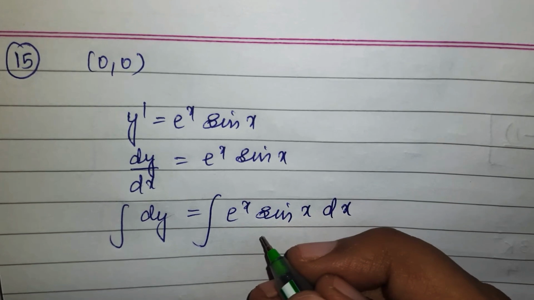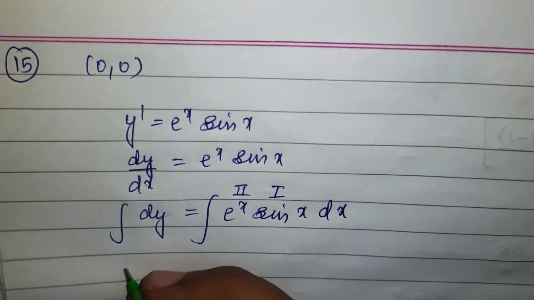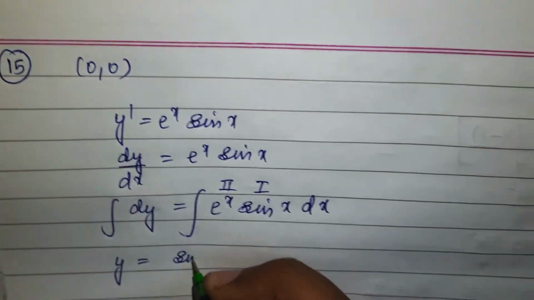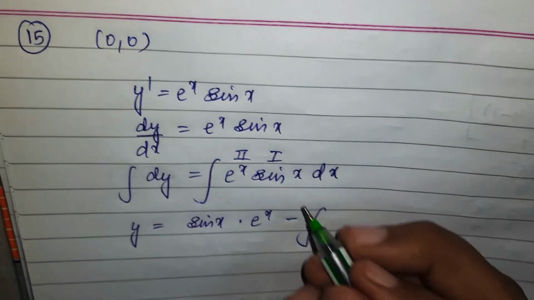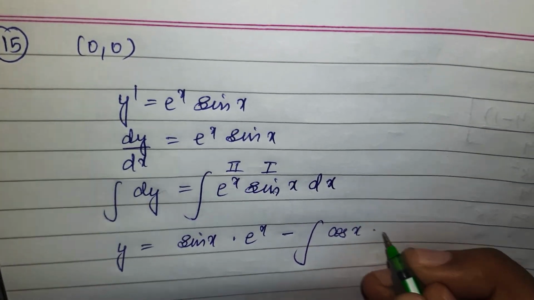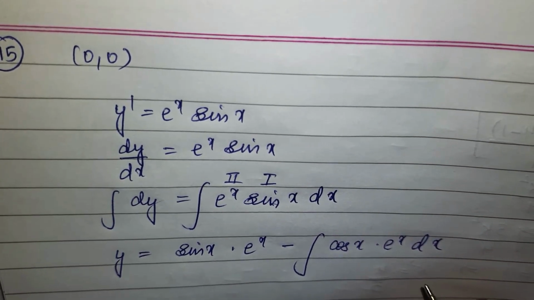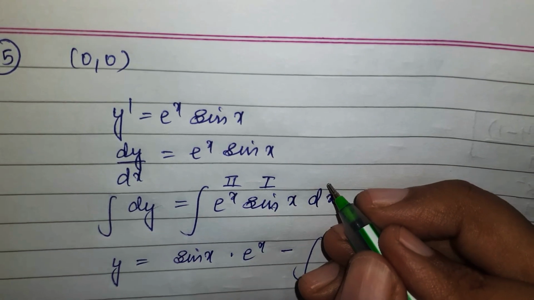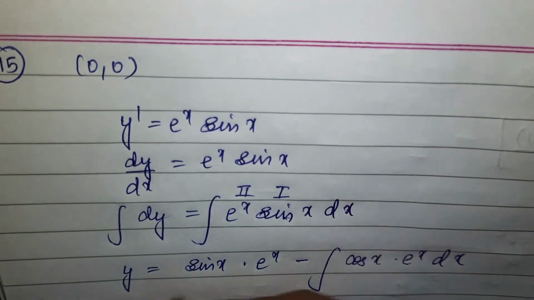Integrate by parts, you need to apply. Identify first function and second function. So this will become first function same, integration of second function, minus integral of differentiation of first function into integration of second function dx. Now consider this as I, because later on I need to use it.